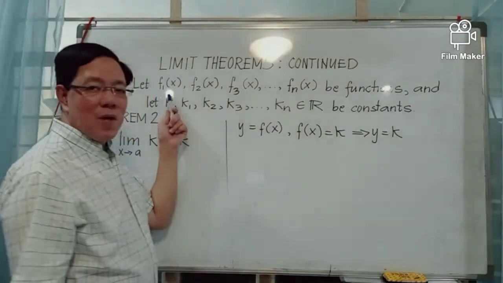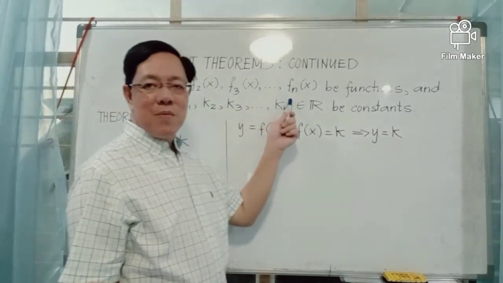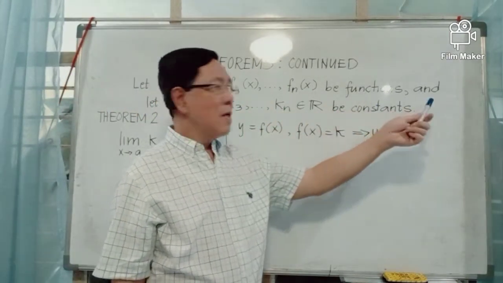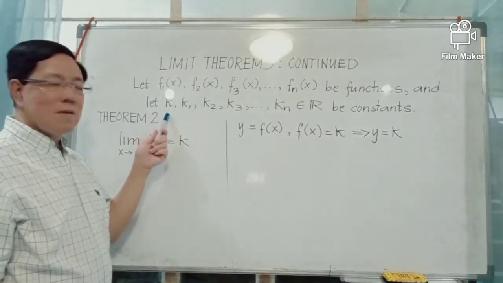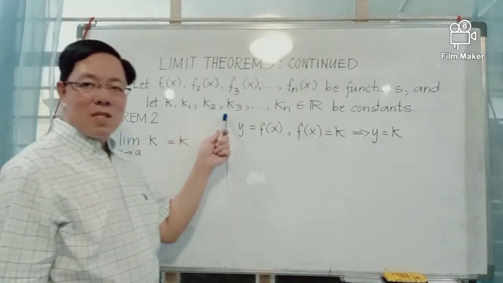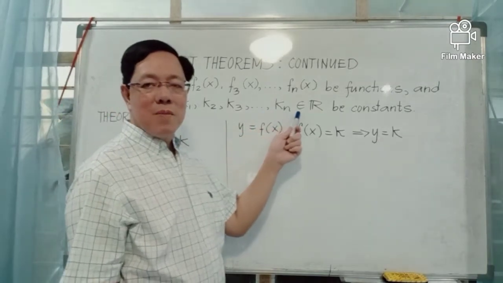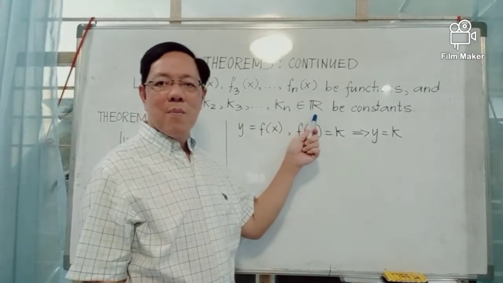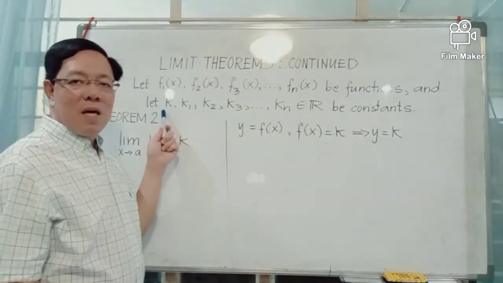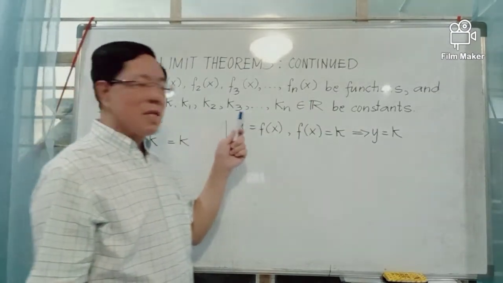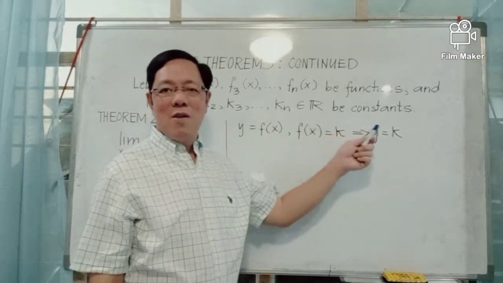So we let f1, f2, f3, f sub n be functions, and we let k, k1, k2, k sub 3 up to k sub n be elements of the set of real numbers. So these real numbers k, k1, k2, k3 up to k sub n are constants.